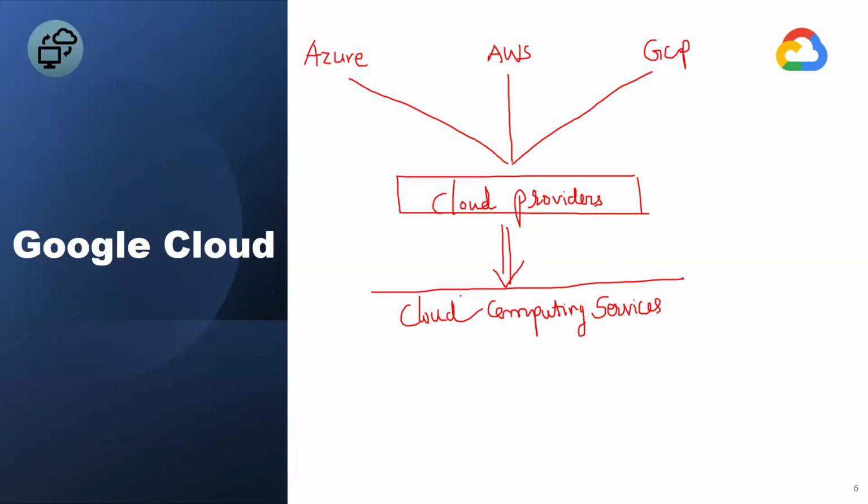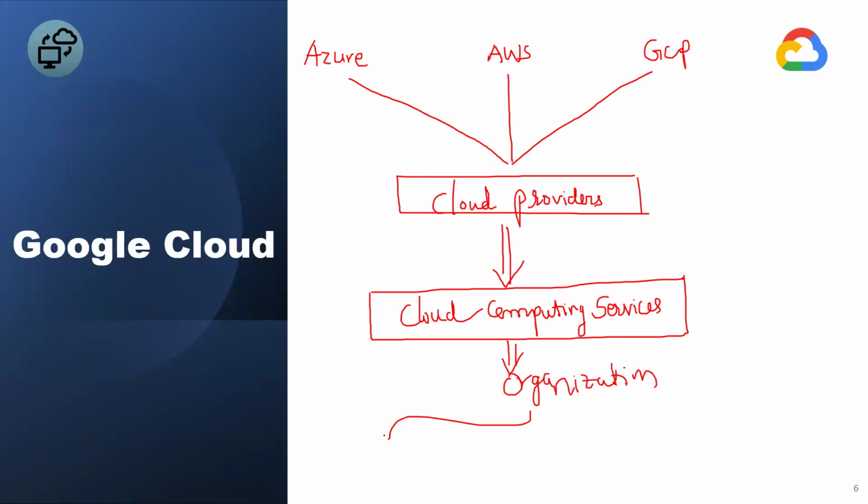These services are very useful for the organizations to build the application, to deploy the application, to scale the applications in cloud platforms. This is what the cloud providers do, sir.